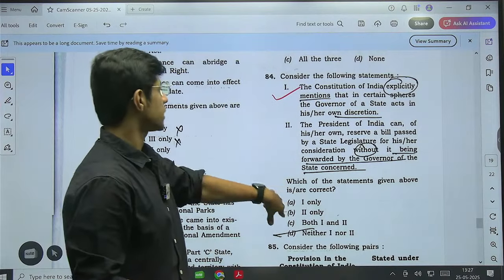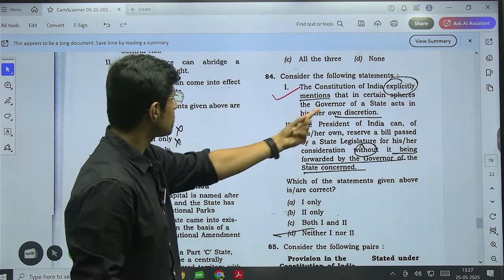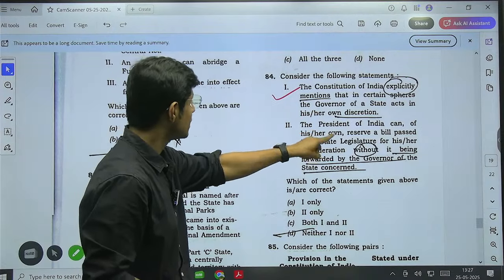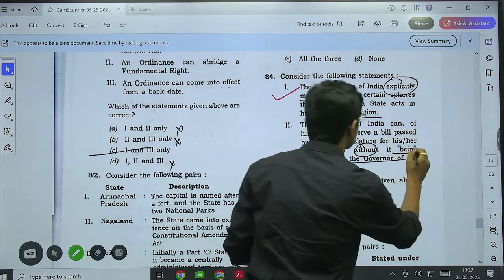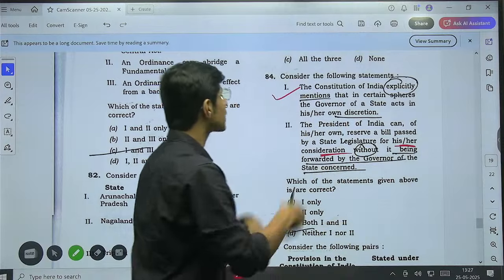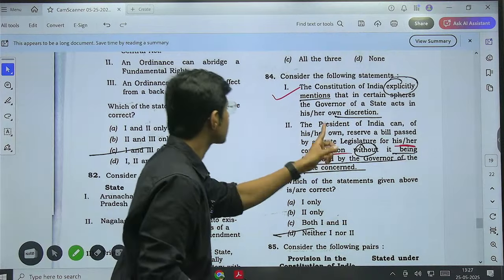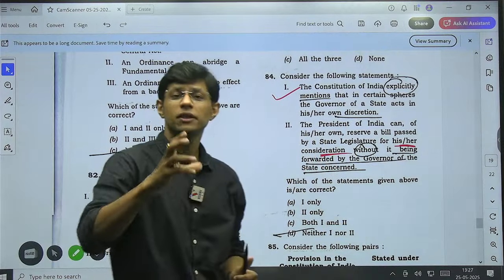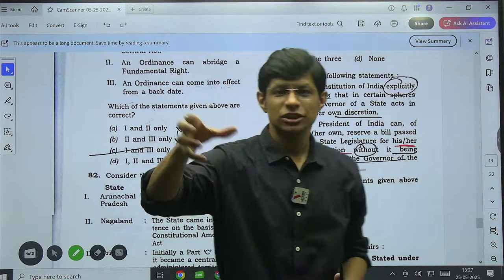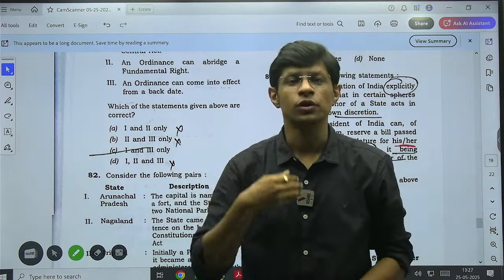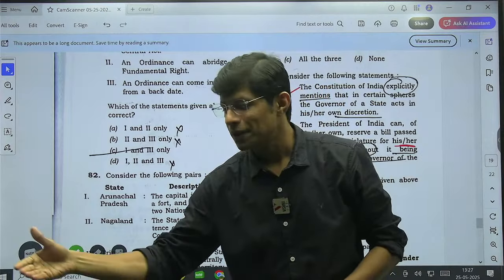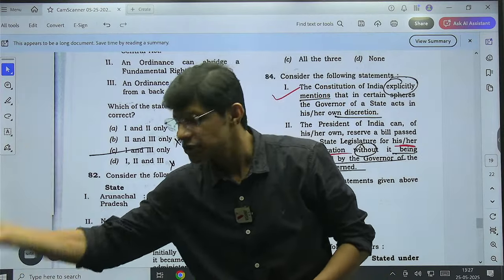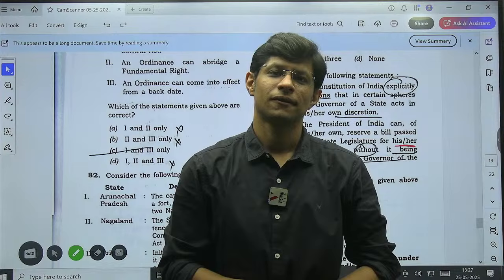Let us read the question again. The President reserve bill passed by a state legislature for his or her own consideration without it being forwarded by the governor of the state, which means the question is, can the President of India by his own refer the bill passed by the state legislature to the President?